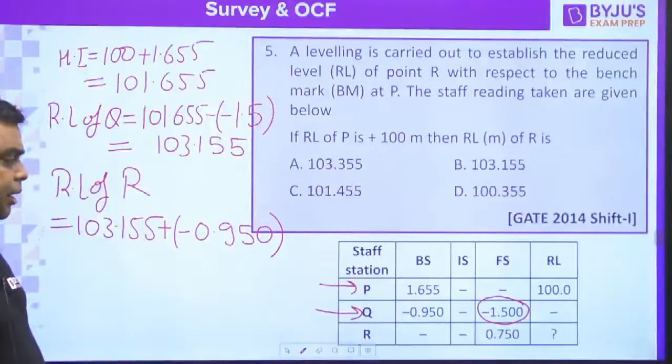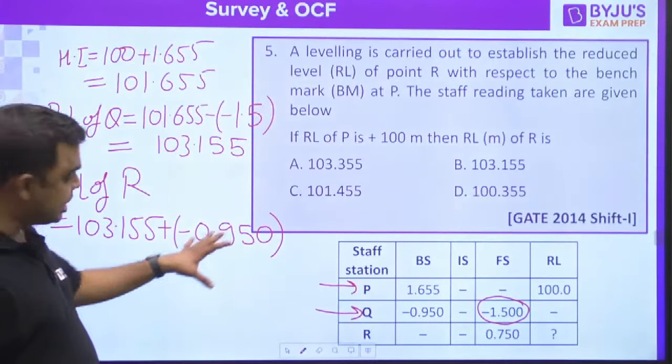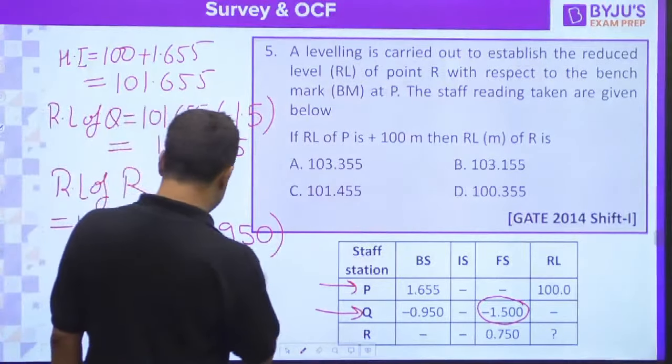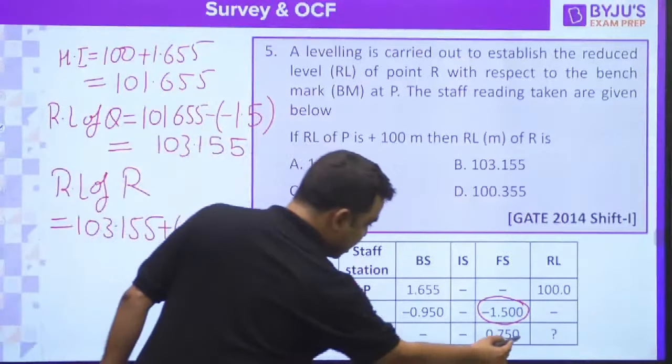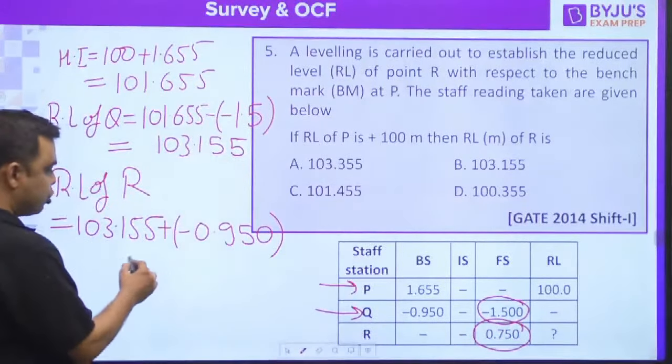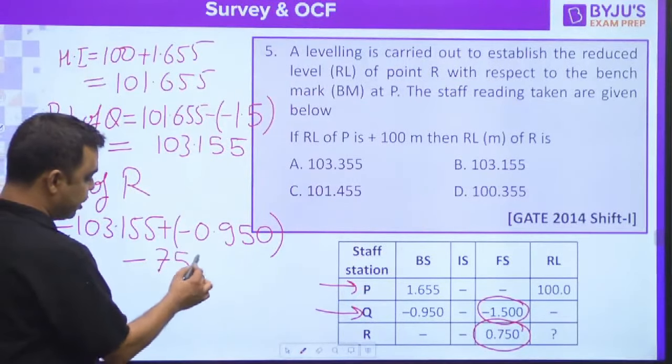Will this be HI? Yes, this will be HI. And if I subtract the staff reading, the foresight, so minus 0.750.